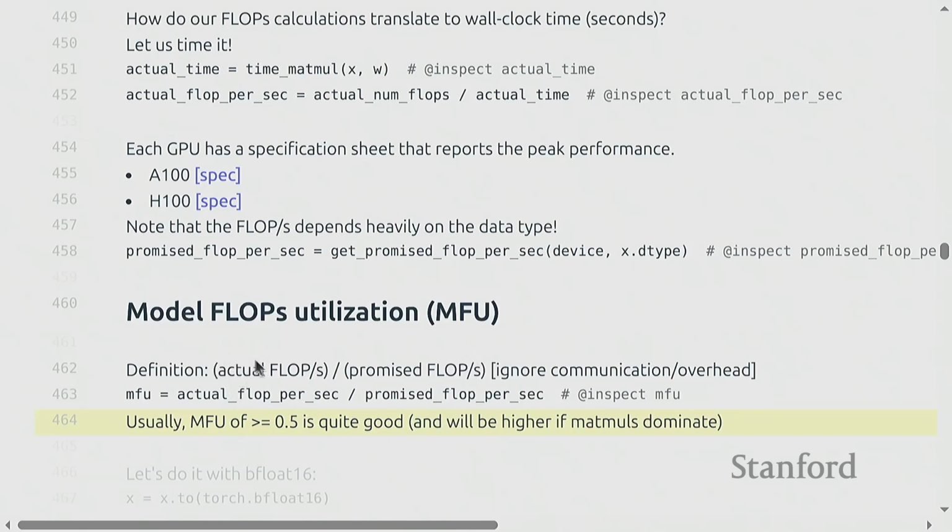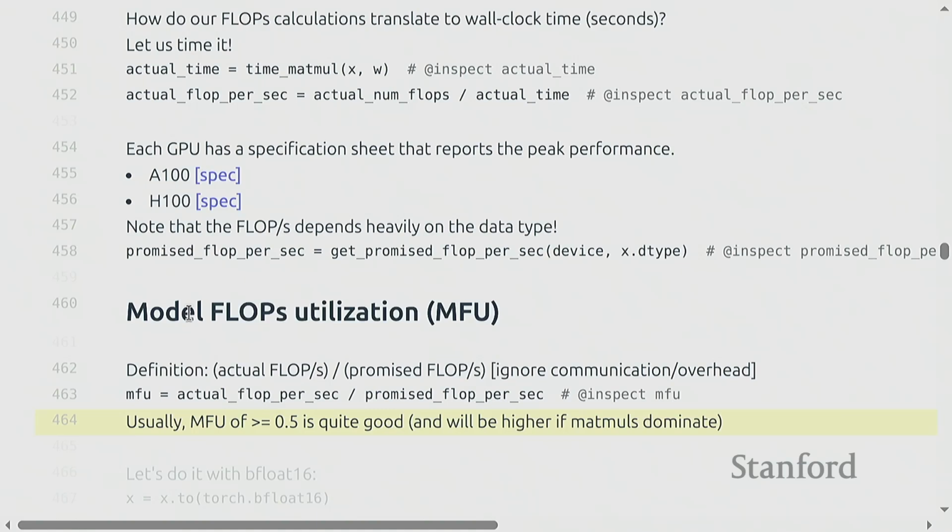The motivation here is that it's called model because we're looking at the number of effective useful operations that the model is performing. And so it's a way of standardizing.